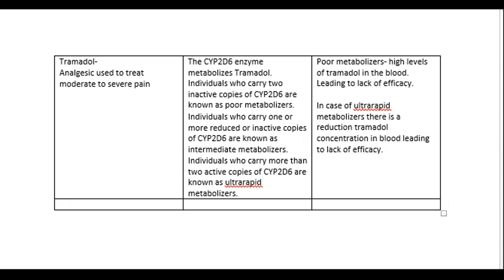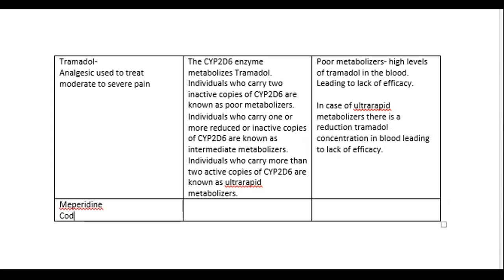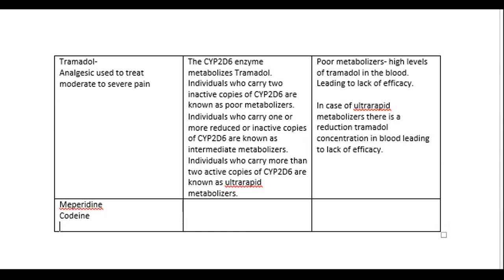And the next one is meperidine and codeine. These two are also opioid agonists that are being given for reduction of pain.